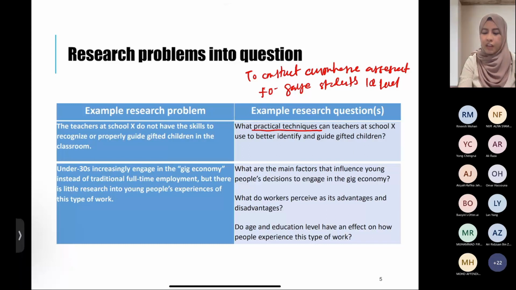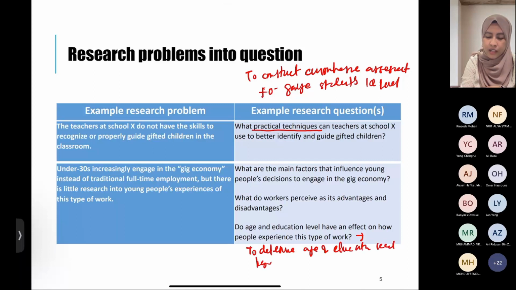So if this is your research question, the objective will be to determine the age and education level. So this one would be like, the objective could be like to determine age and education level baseline for blah, blah, blah.